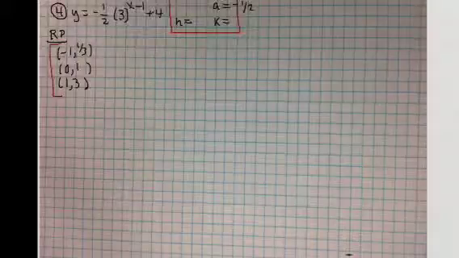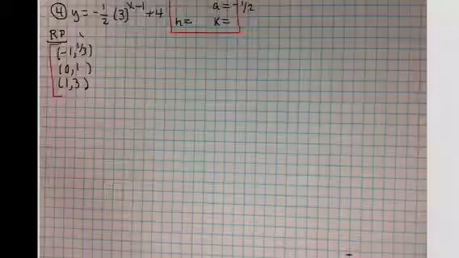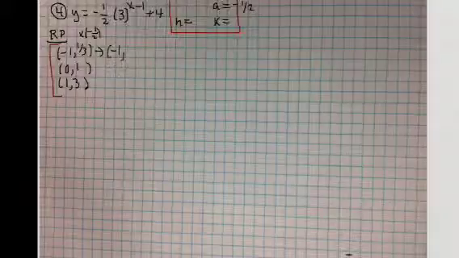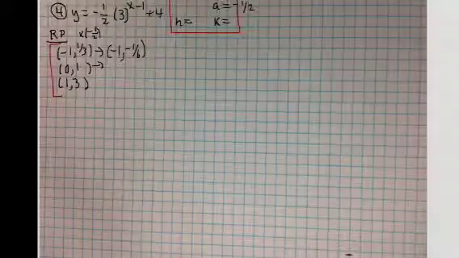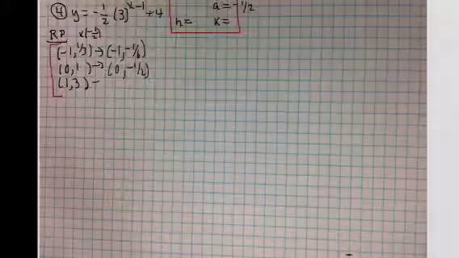So that means that we're going to multiply the y values by 1/2. So by -1/2, take it back. So -1, -1/6, because 1/2 times 1/3 is 1/6, and then 0, -1/2, and then 1, -3/2.